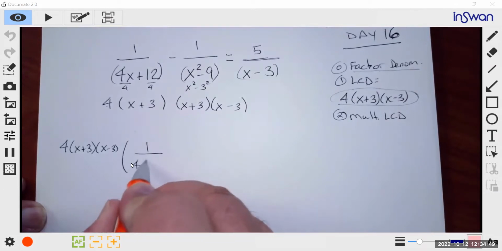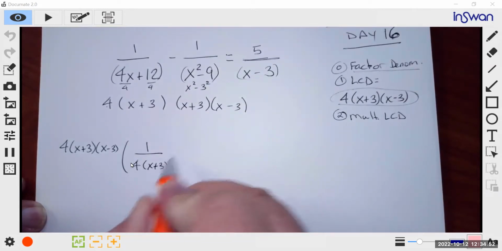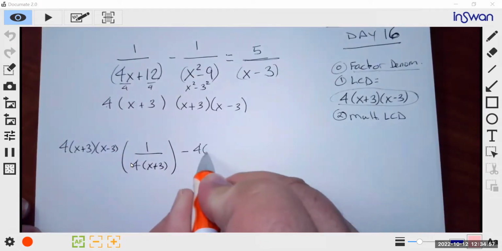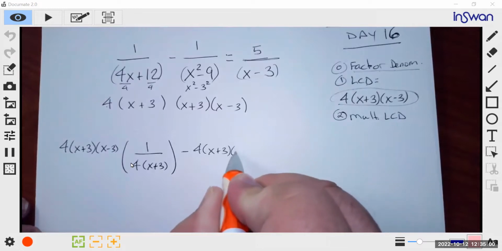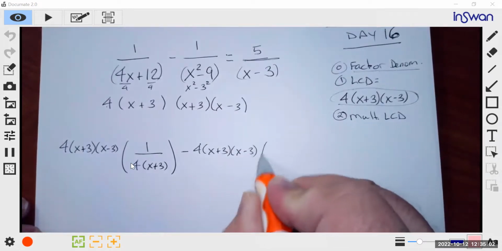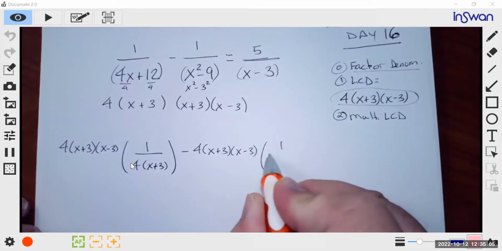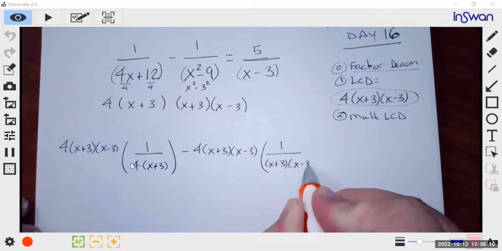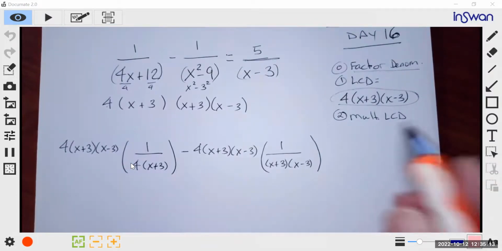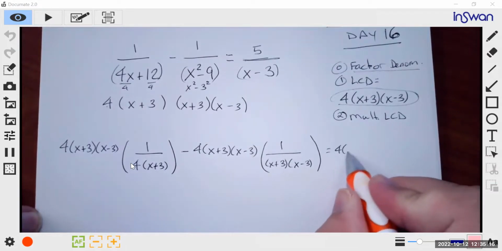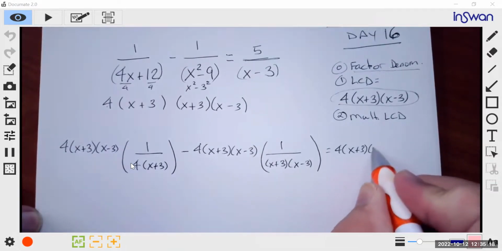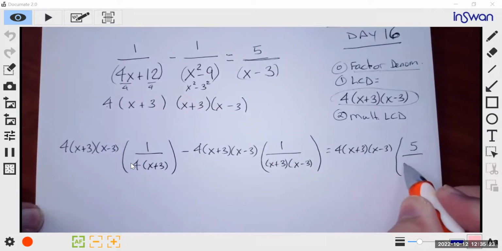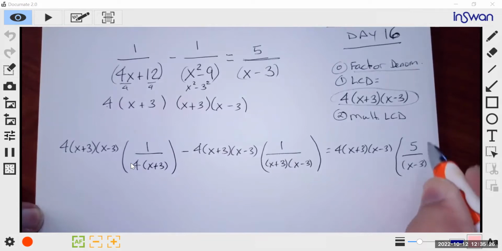One over 4 times x plus 3, minus 4 times x plus 3 times x minus 3 times 1 over x plus 3 times x minus 3, equals 5 over x minus 3.